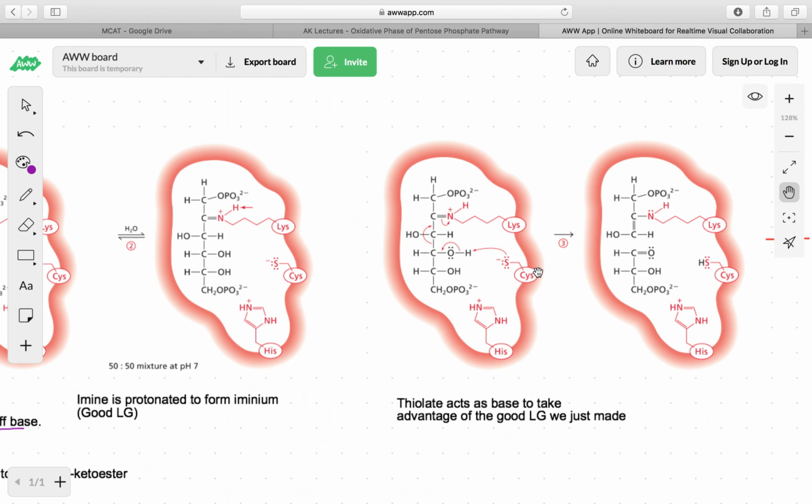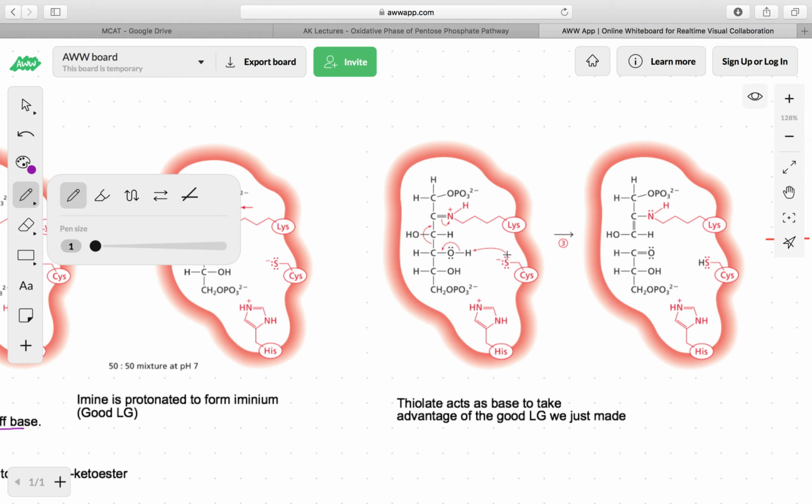What's going to happen is your thiolate from your cysteine is going to act as a strong base because it has this negative charge. And what it's going to do is come in here, grab this proton, push off this bond to form a carbonyl, and then break this bond we had formed, and we're going to push this up.